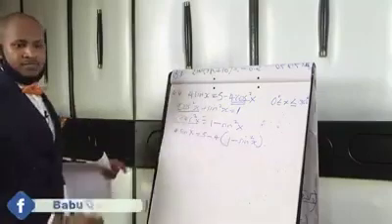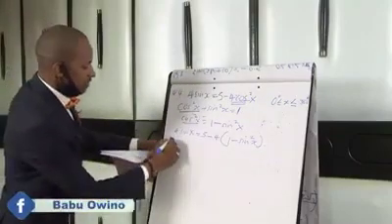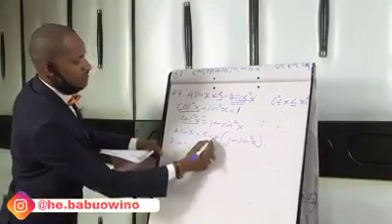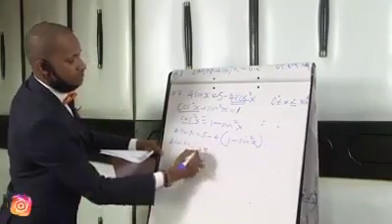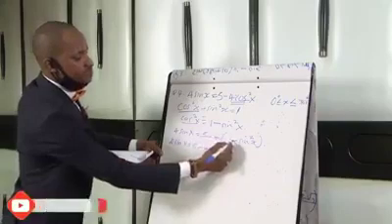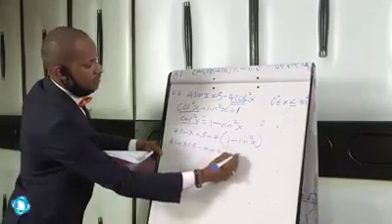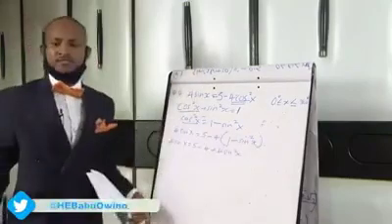Then we open the brackets, we expand it. That is 4 sine x equals 5 minus 4 times 1 is minus 4. Then minus 4 times minus sine squared x is plus 4 sine squared x. Remember, I told you minus times minus is plus.